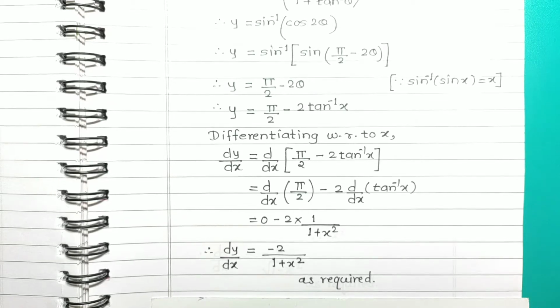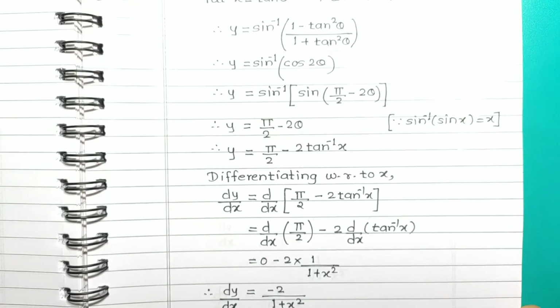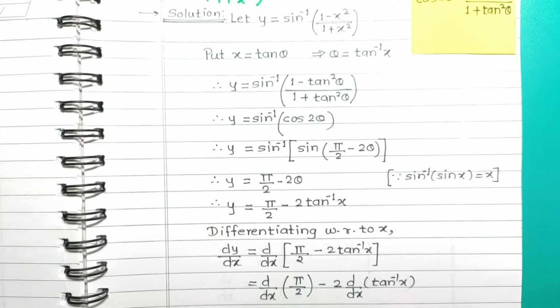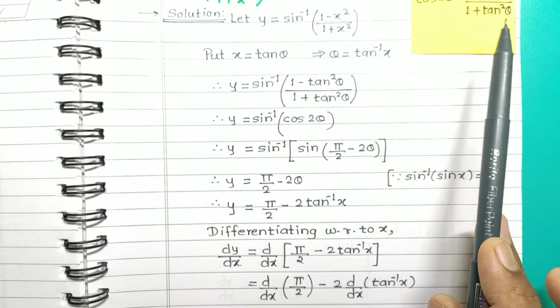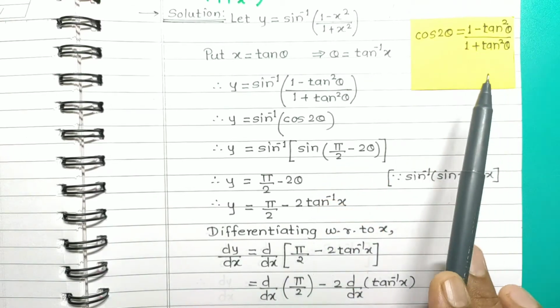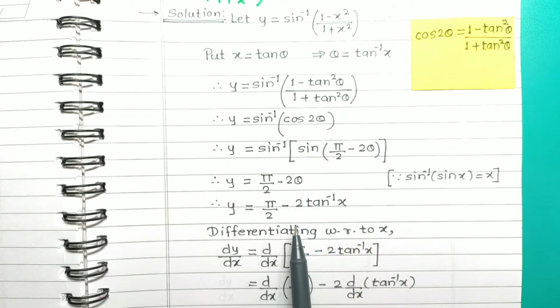Note that in this type we have taken a substitution and related the given algebraic terms with trigonometric terms, like this trigonometric formula. We used that substitution to simplify the given function into a simpler function.